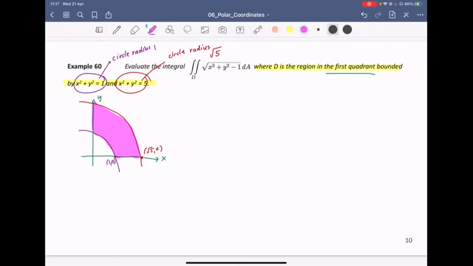Everything we want. So what would you pick in the chat, please? dx dy, dy dx, or polar coordinates? Too easy, right? You're gonna pick polar. Yeah, polar for sure. Why not?